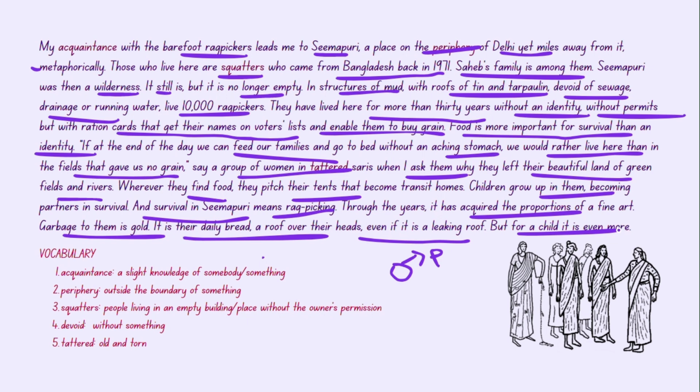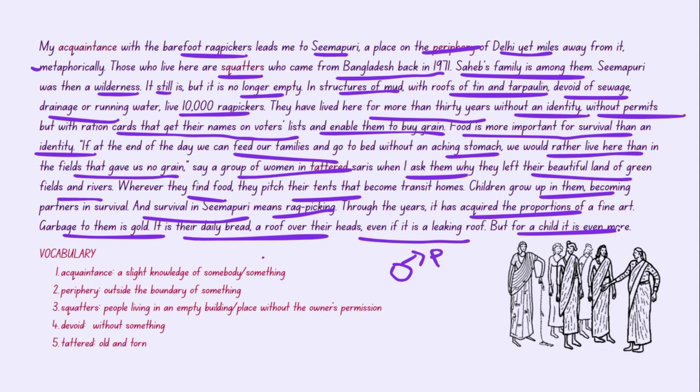Now, when she talks to some women from the family of Saheb and other people living in Seemapuri, she asks them why they left their fields, their beautiful land, and came here to live in such a poor state.